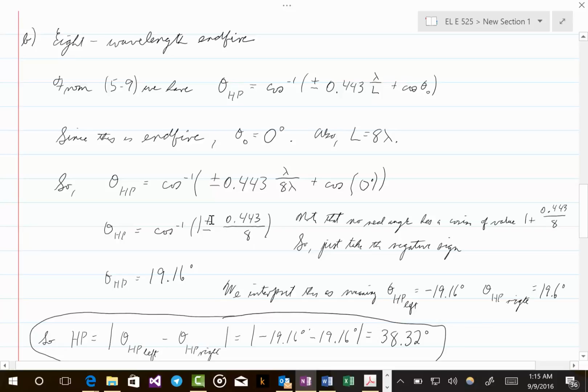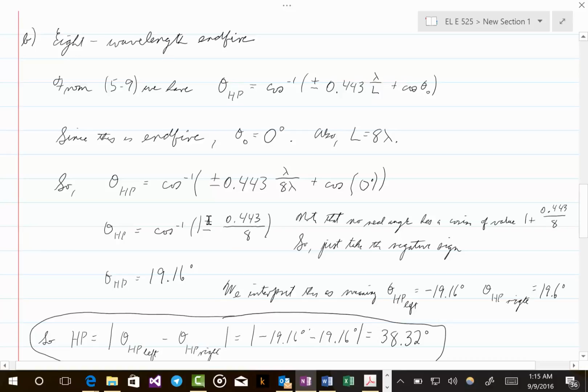If we take the upper sign, then here in the parentheses we will have a value that is greater than 1. And so that would tell us that theta HP is the inverse cosine of something greater than 1, which implies that the cosine of theta HP itself is greater than 1, which is not true for any real values of theta. So we will reject that solution.